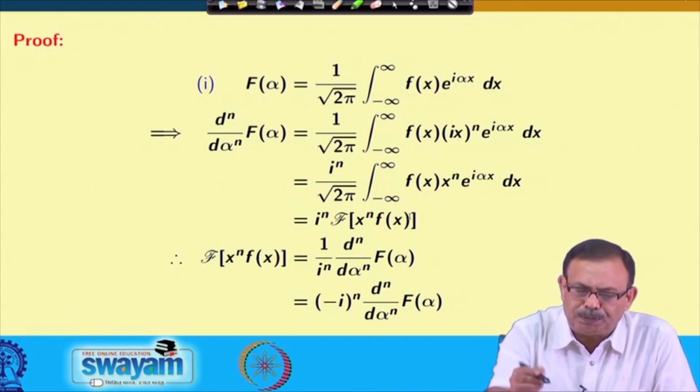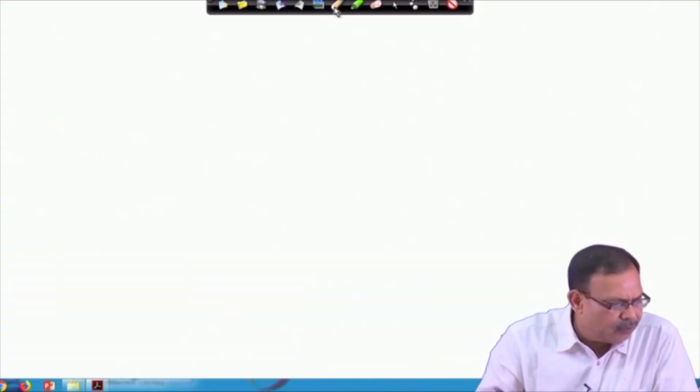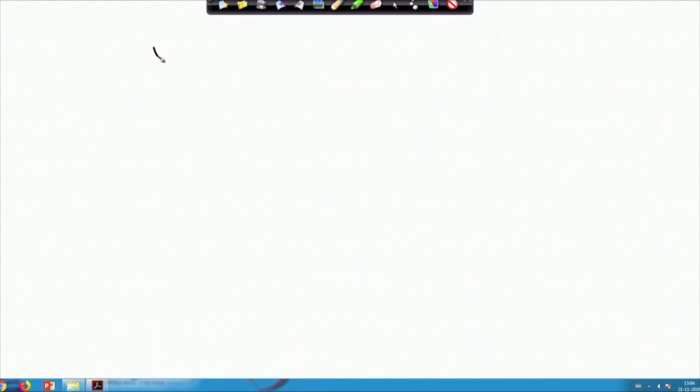Let us see the proof of the second one now. I am starting with the Fourier cosine transform of alpha. This we know from the definition: root over 2 by pi, integral 0 to infinity, f x into cos of alpha x dx.